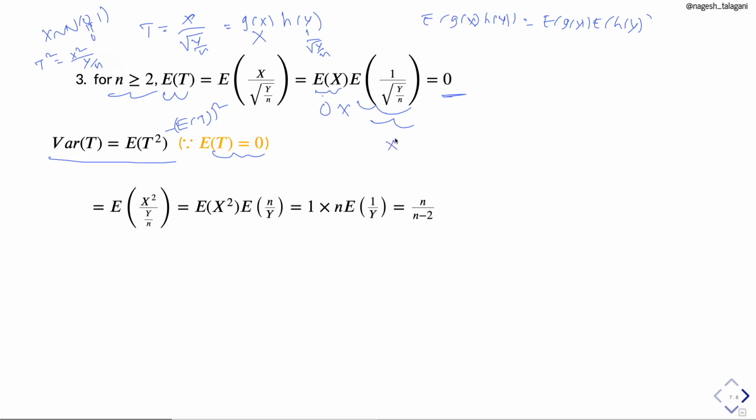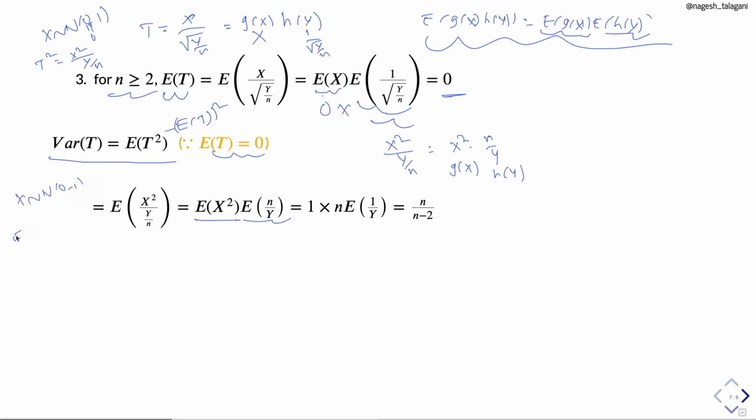Now this x square by (y by n) I can write as x square times n by y. It looks like g(x) times h(y). Since x and y are independent, we have the expectation of g(x) times h(y) same as the expectation of g(x) times the expectation of h(y). So the expectation of x square by (y by n), I can write as the expectation of x square times the expectation of n by y, and here x is a standard normal random variable.